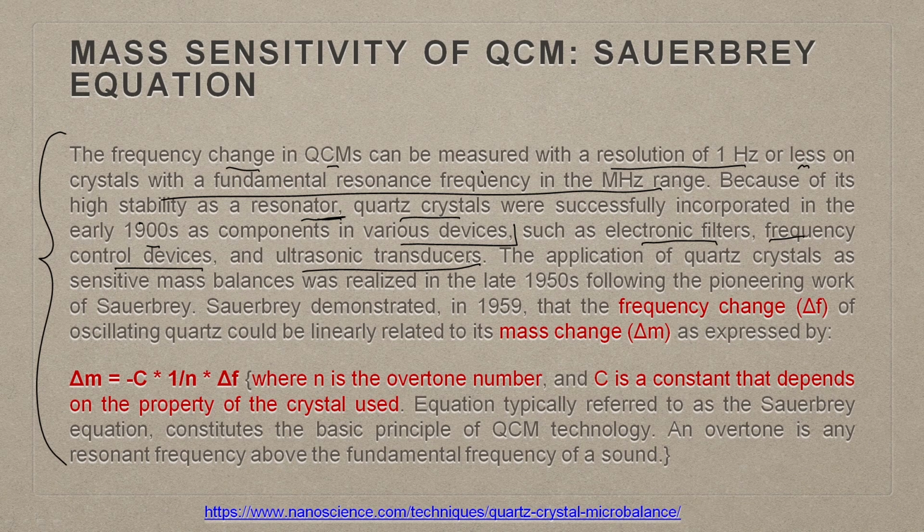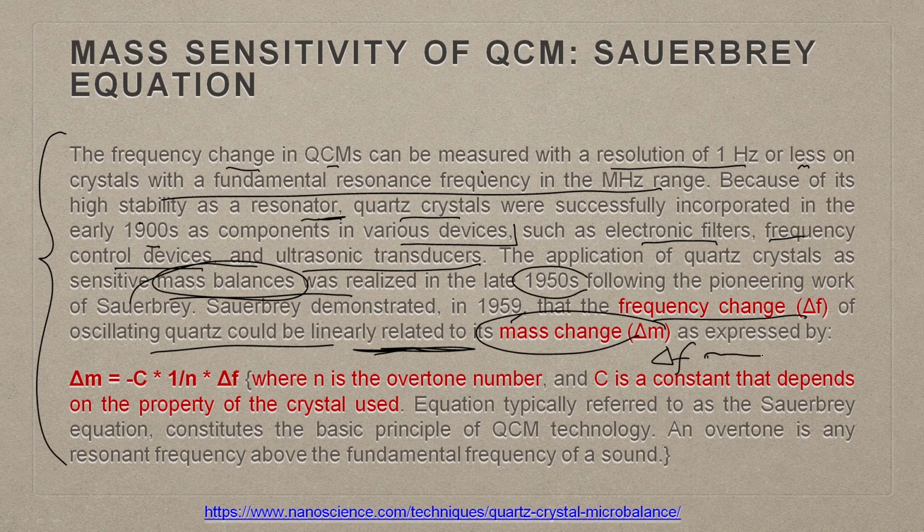The application of quartz crystal as a sensitive mass balance was realized in the late 1950s following the pioneering work of Sauerbrey. Sauerbrey demonstrated in 1959 that the frequency change delta F of the quartz crystal is linearly related to the mass change.